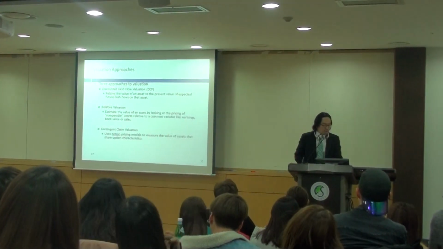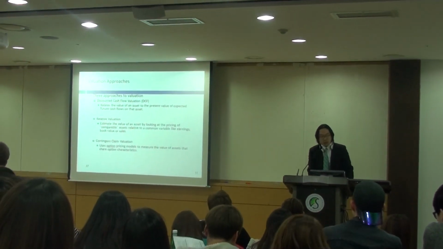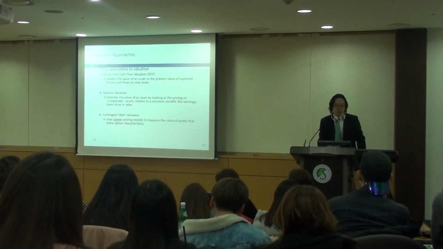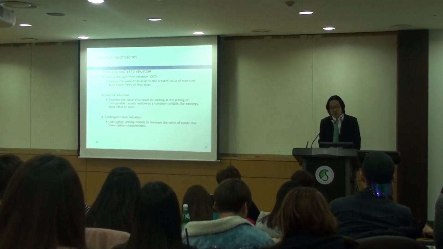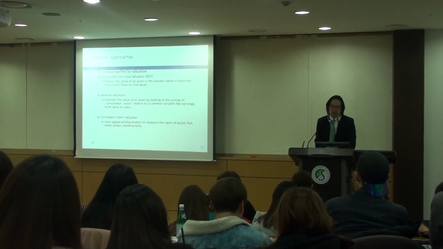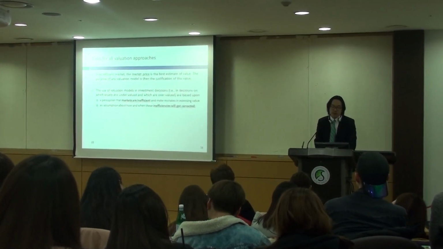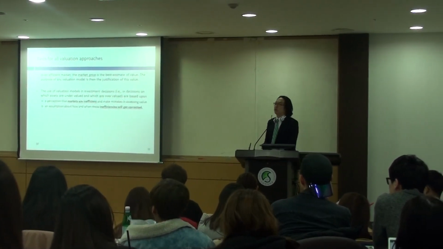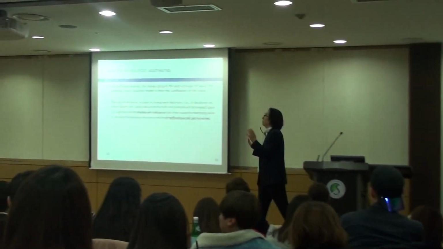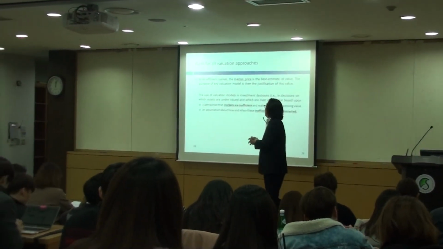We are not going to cover contingent claim valuation. It's more for advanced corporate finance or option pricing classes, which is called the real option. I'm going to talk to you a little bit about it.